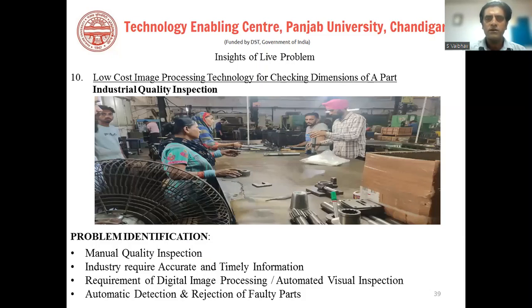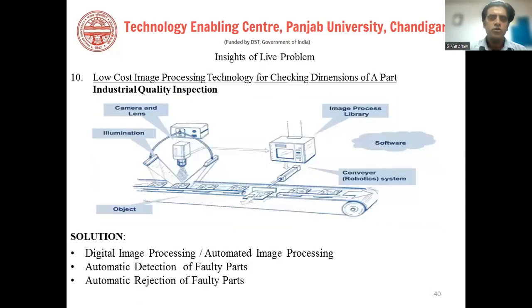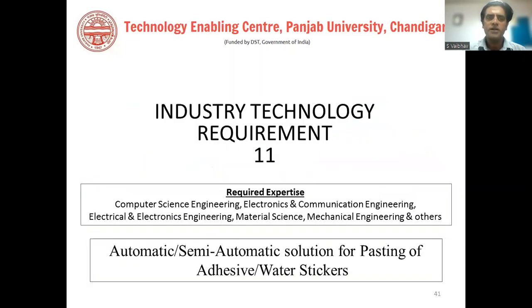So they require accurate and timely information, and there is a requirement of digital image processing or automatic visual inspection, such that automatic detection and rejection of faulty parts could be made. So we require a low-cost image processing technology for this.